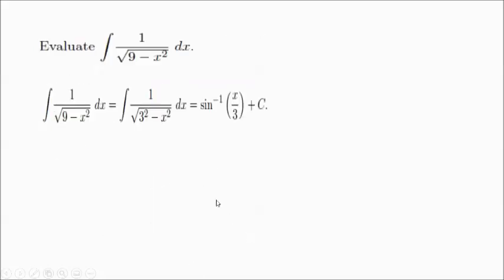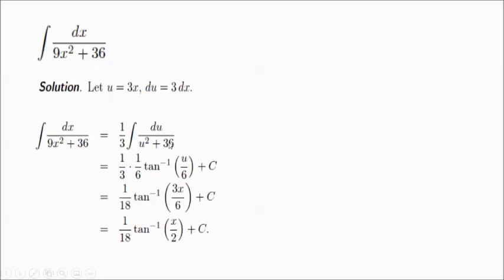Ito. Diba 6 squared to class? So yung a niya is equal to 6. Okay? So final answer would be 1 over 18 inverse tangent 3x. Yung u natin is 3x over 6. 1 over 18 inverse tangent x over 2 plus c. Okay?